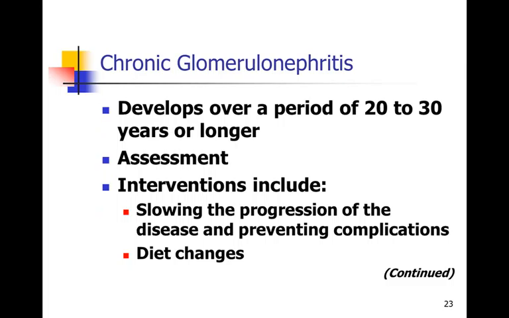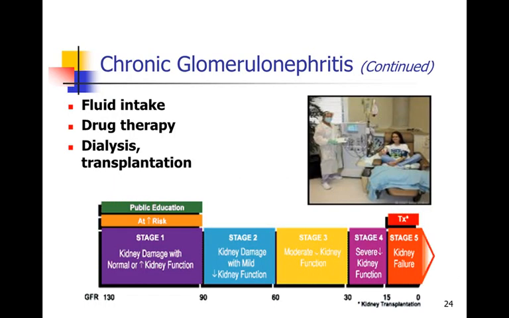All right, patients can develop chronic glomerulonephritis, which occurs over 20 to 30 years, and they may not even know that things are going on or that they're having injury to their glomerulus until they have renal problems. Remember, there was a tremendous amount of nephrons that had to be affected before you started seeing renal symptoms.